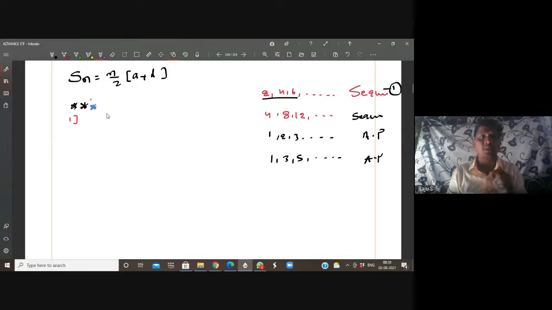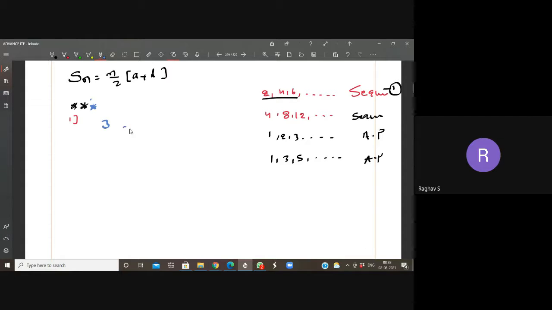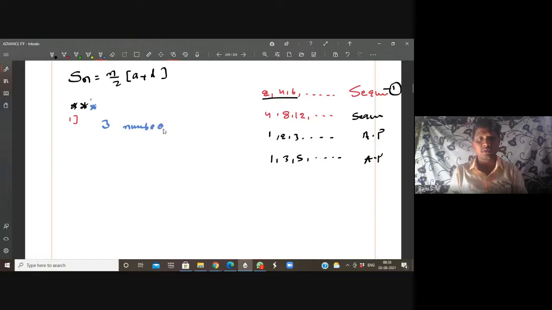If they mention three numbers are in AP, such that we can evaluate some differentiation value or integration value or trigonometric value, what are the three numbers you want to consider in AP? A minus D, A, A plus D. Good, three numbers in AP.